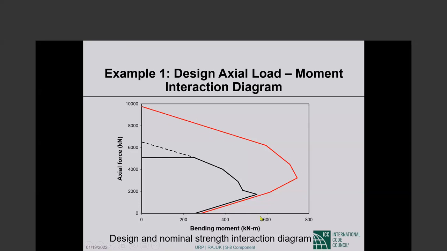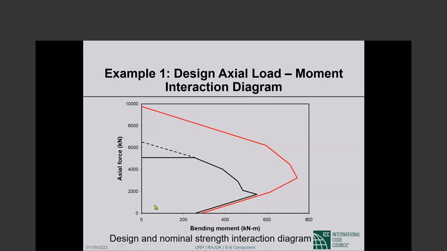This is the nominal diagram, this is the design diagram. And then we plot all the combinations of P sub u and M sub u that we are designing for, coming from the different load combinations. If all the points are within the design diagram, then our section is good enough for our purposes.